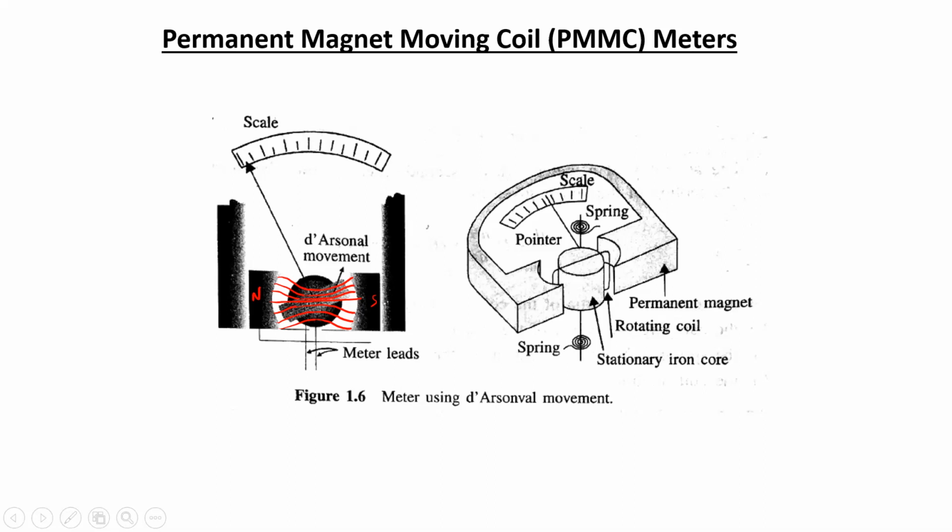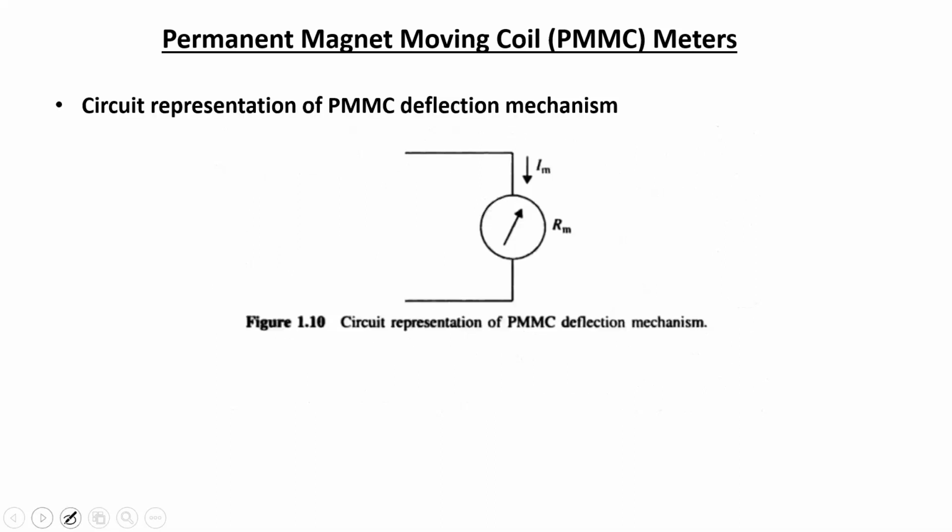To simply represent it in an electrical circuit, this sort of symbol is often used, where the PMMC deflection mechanism is represented by this circular symbol along with a pointer, and along with this symbol Rm and Im, they indicate the resistance of the moving mechanism or the internal coil mechanism. So Rm represents the resistance of the mechanism.